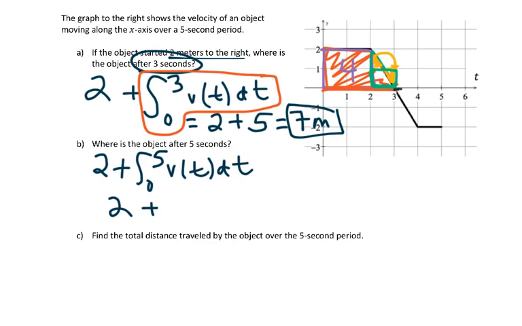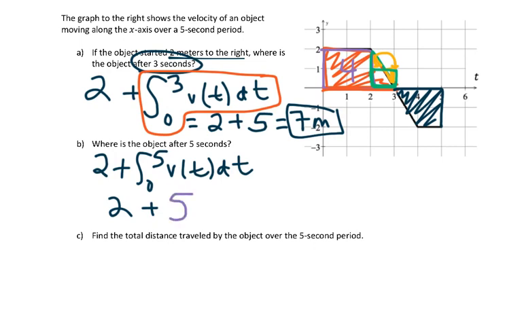However, from 3 to 5, we have this area. That area is negative, it's below the x-axis. So if you think about where this object is going, it's moving away from wherever the starting point was. So it's split into 2 pieces here.